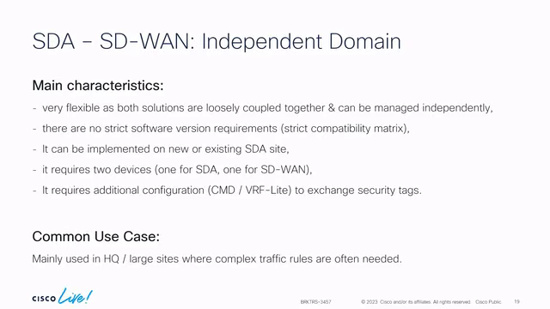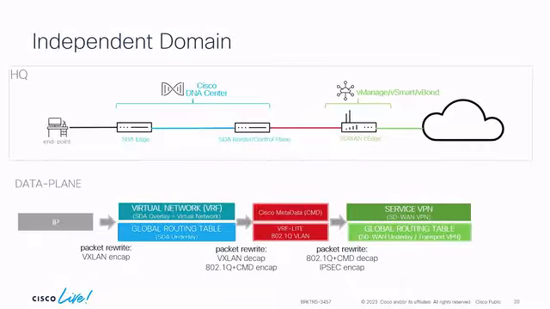And having two additional devices on a large site is not a big deal. If you have like 5,000 branches, having an extra 5,000 devices, that's probably a big deal, right? So this solution is mainly used in independent domains, and it's going to look as follows.